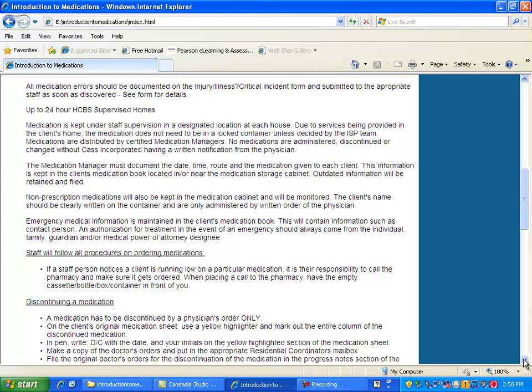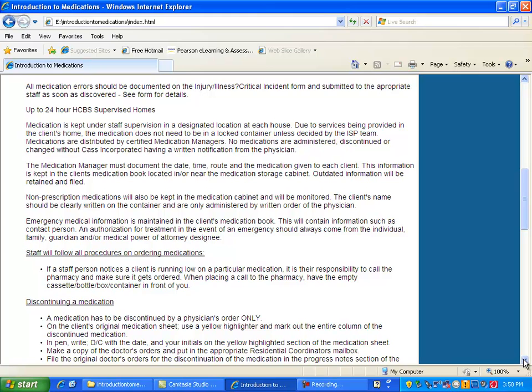This information is kept in the client's medication book located in or near the medication storage cabinet. Outdated information will always again be retained and filed. Non-prescription medications will also be kept in this medication cabinet and will be monitored.